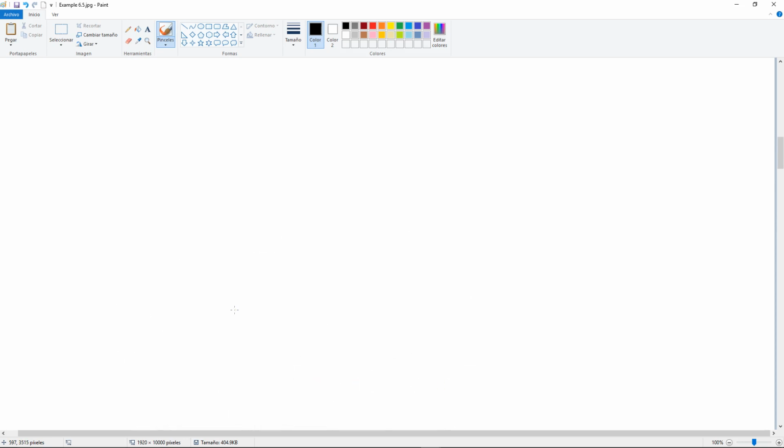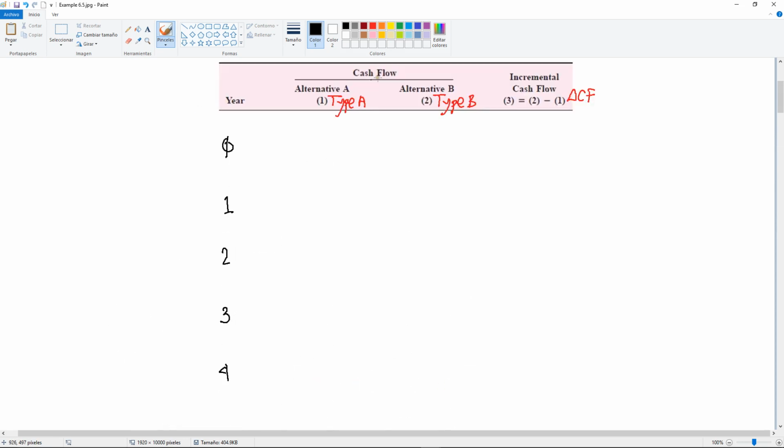So let me go back to the table, and this is just for alternative A. In year 0, we have minus 70,000. Year 1, we have minus 9,000. Year 2, we have minus 9,000. Year 3 is where we had the three cash flows, so we need to put them together: minus 70,000 of the repeated initial investment, the minus 9,000 of the A, and plus 5,000 of the salvage value for the first cycle.